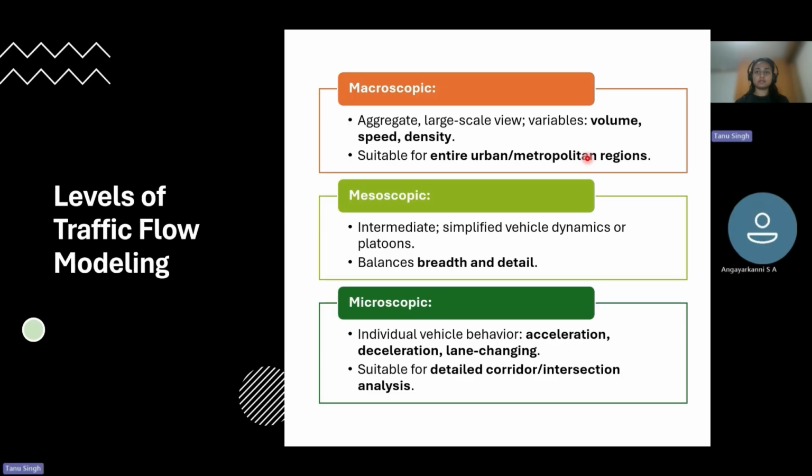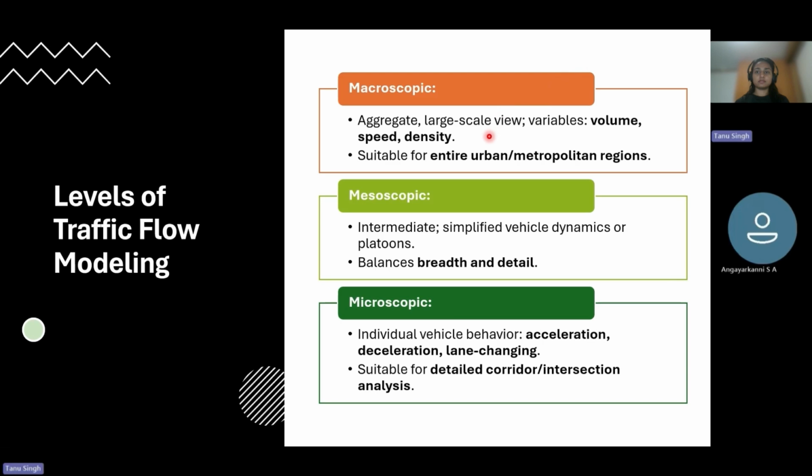Now coming to the levels of traffic flow modeling. Traffic flow can be modeled at different levels of detail. First is the macroscopic, which is the aggregate view. Traffic is treated like a fluid using volume, speed, and density.